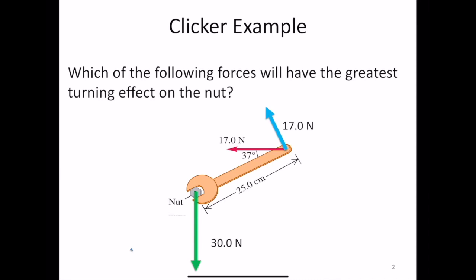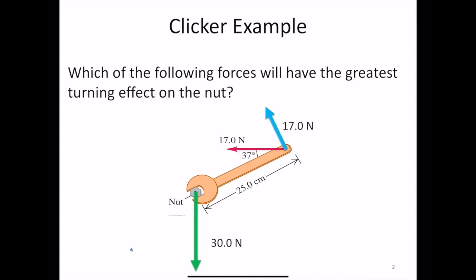Now, this shows you that the turning effect of a force does not just depend on the magnitude of the force. It depends on three things actually. It depends on the magnitude of the force, on how far from the rotation axis the force is being applied, and also on what direction the force is acting.